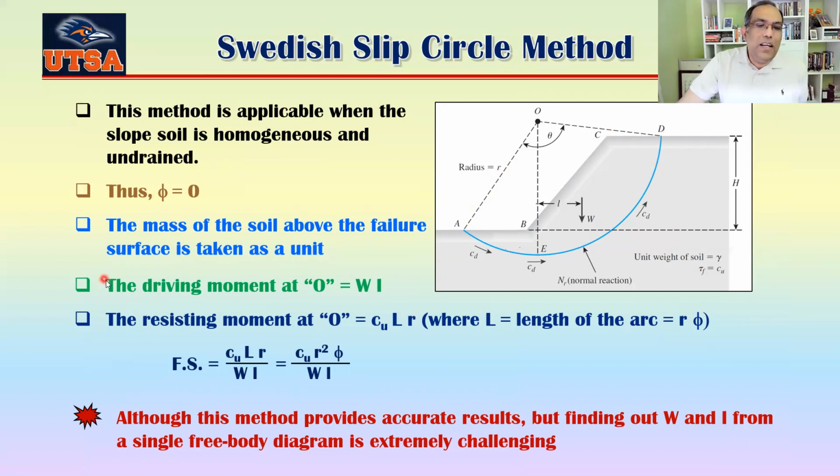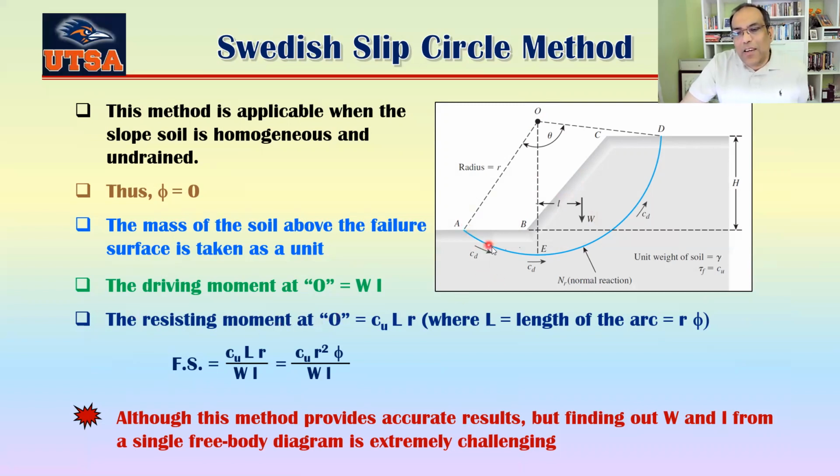Now you can see the driving moment at O. Driving moment at O is W multiplied by L, right? W is the weight that's acting here, and the distance of the centroid of this force from this point O, the vertical distance from O, is L, so the moment is basically W times L. And what about the resisting moment at O?